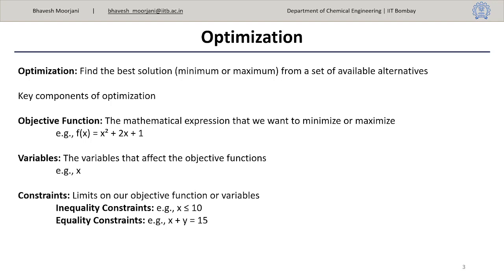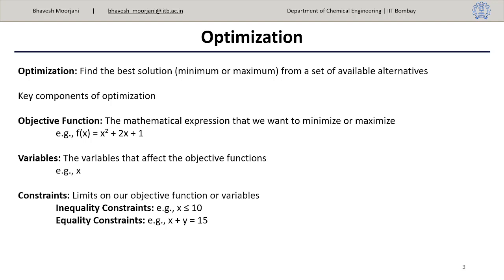They should have some specific requirement to be met. So then it will come under the constraint part. Now constraints can further be divided into inequality constraints and equality constraints.